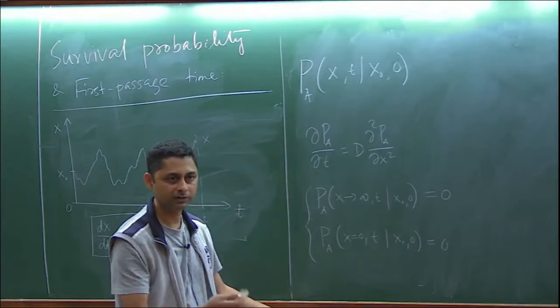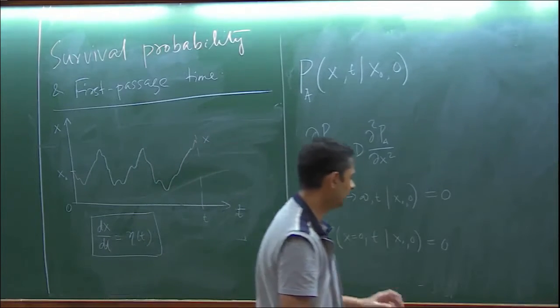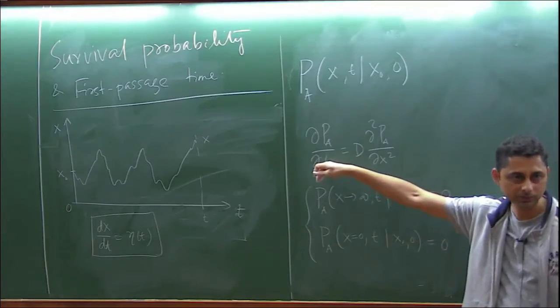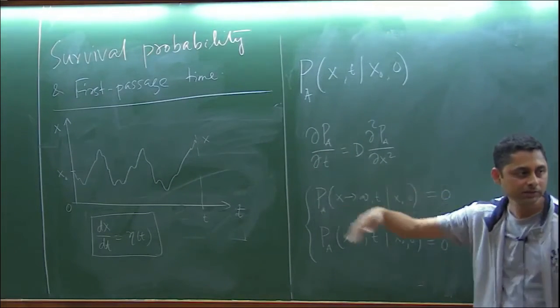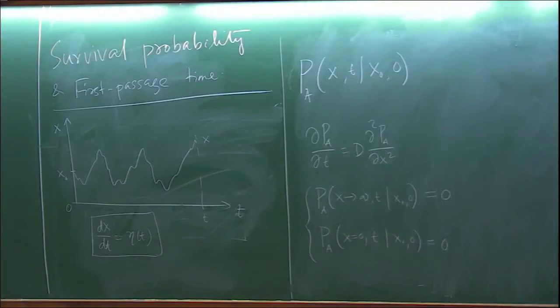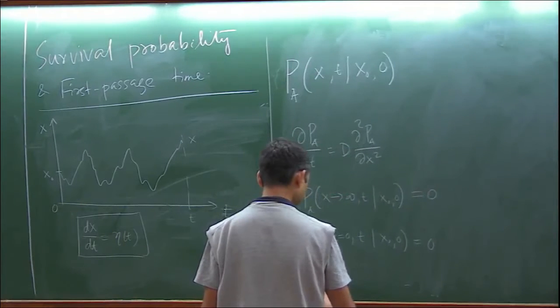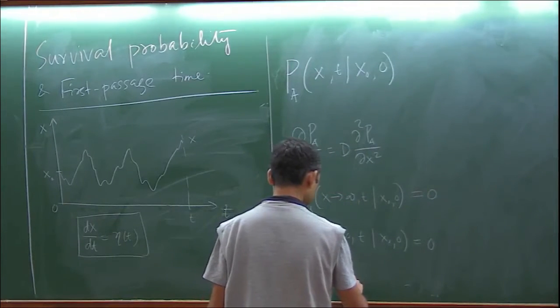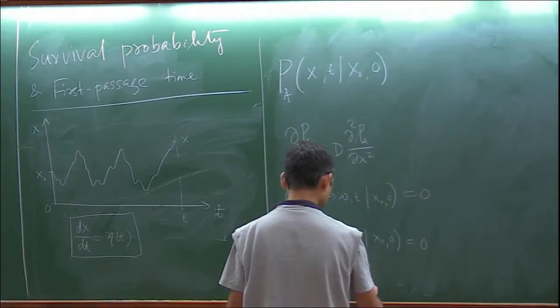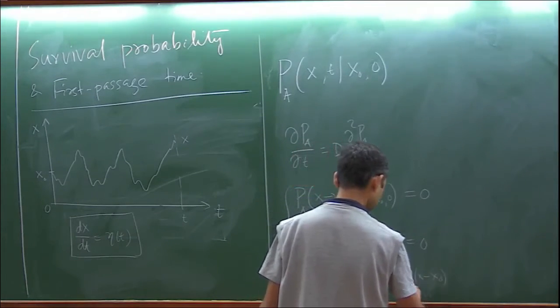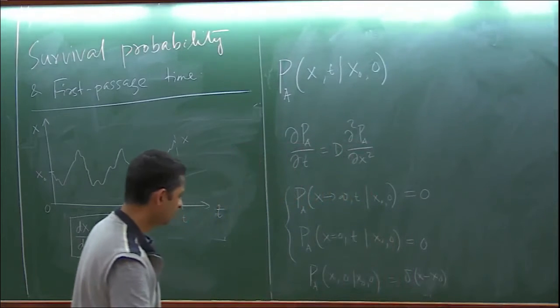You can solve various ways, but maybe one of the ways you can do is, okay, again take a Laplace transform with respect to time. So we had already that equation last time, right? And you took the Laplace transform. We have to give the initial condition also. So what is the initial condition? P at x, t equal to 0 is just delta(x minus x0) because it just starts from this point.